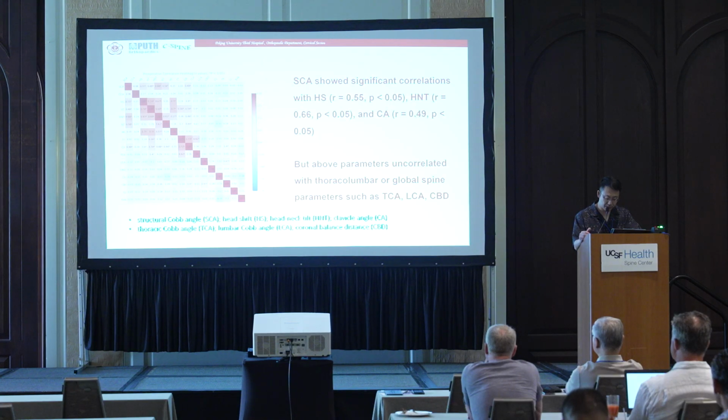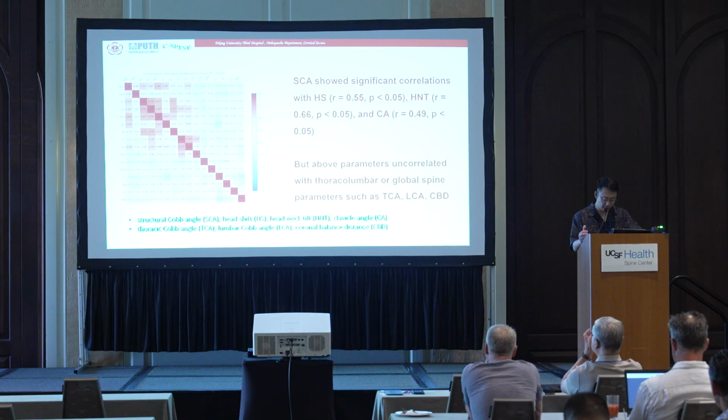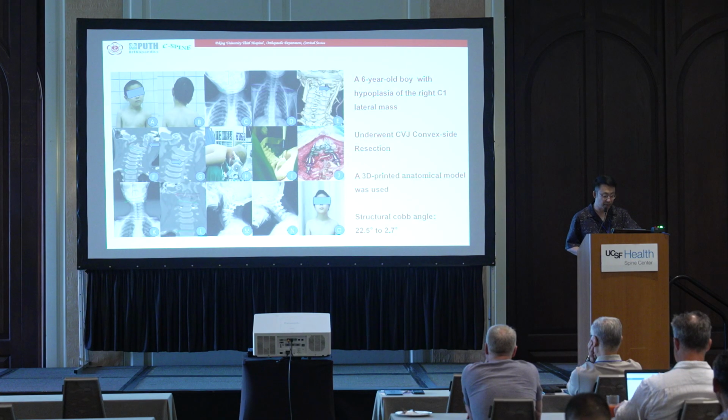In contrast, thoracolumbar or global spinal parameters such as the thoracic curve angle, TCA, lumbar curve angle, LCA, and coronal balance distance, CBD, were generally uncorrelated with the head and shoulder measures. This discrepancy may be explained by the predominantly upper cervical location of the deformity in this cohort, where the shorter mechanical lever arm likely limits the influence of the upper cervical deformity on overall spinal alignment in both coronal and sagittal planes.